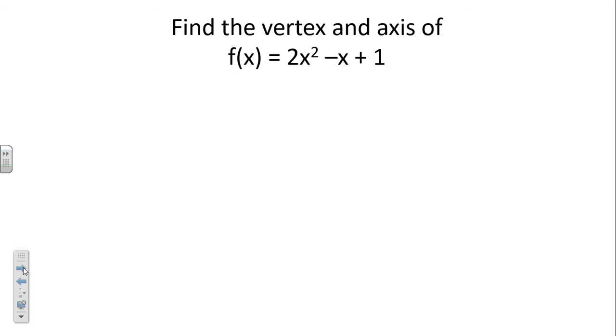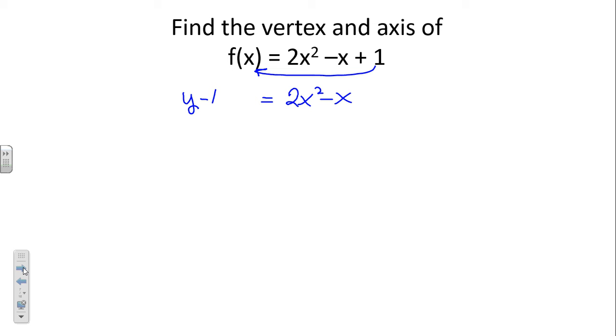A is not 1 again, so we have to deal with that leading coefficient of 2. So let's write this as y minus 1 to bring the 1 to the other side. And we have a 2x squared minus x.